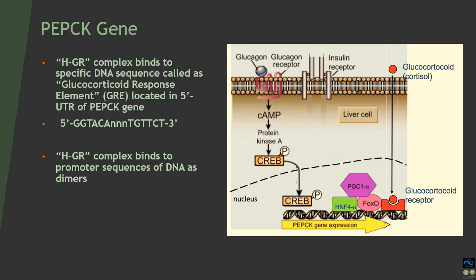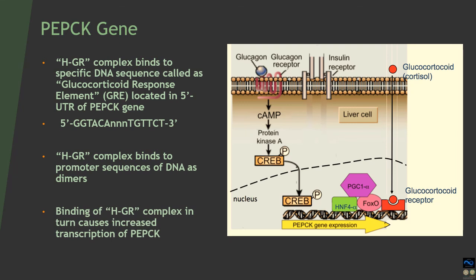When dimers move to this region, they cause increased binding of the polymerase, and hence increased expression of the phosphoenolpyruvate carboxykinase, resulting in more and more mRNA, which in turn will be converted to enzyme by translation. So binding of these transcription factors, whether the glucocorticoid receptors or CREB, will result in increased mRNA synthesis of this gene.